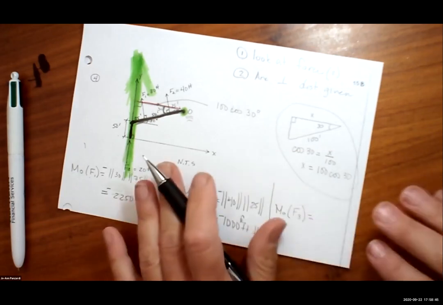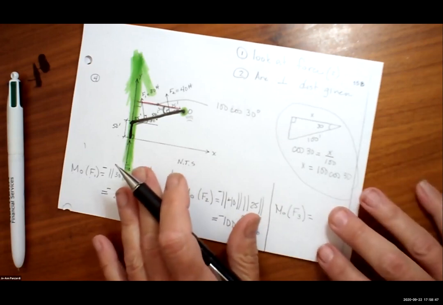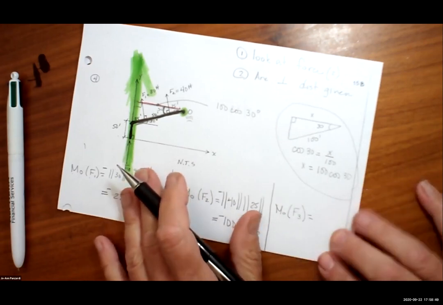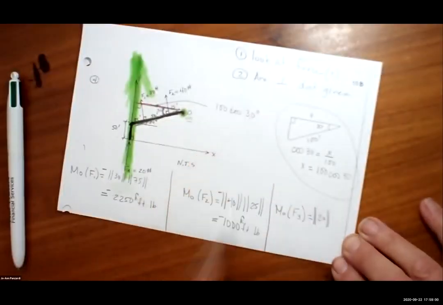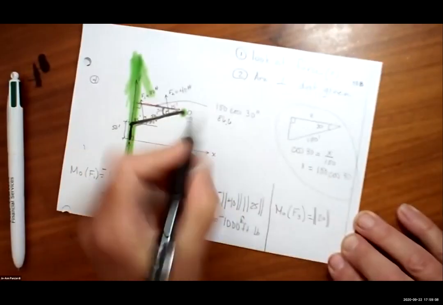So now, Victoria? Victoria, you on? Yes. Okay, so what is the value of the force? 20. What is 100 times cosine of 30? 86.6. Great. And it doesn't matter whether it's positive or negative, right?